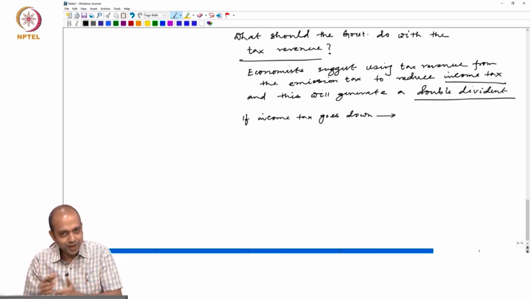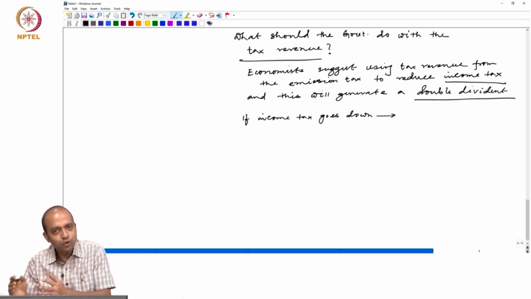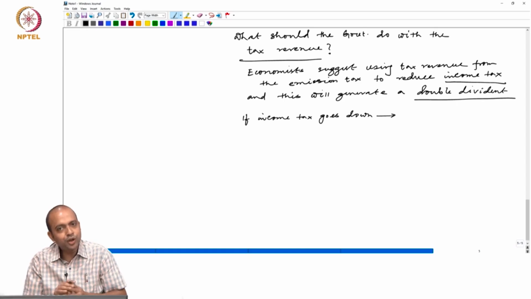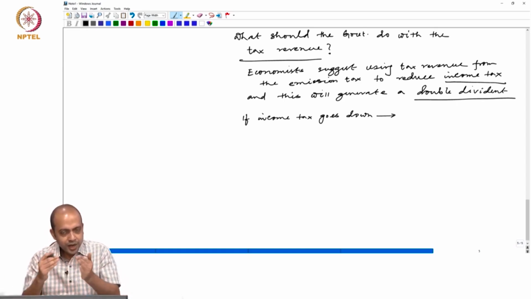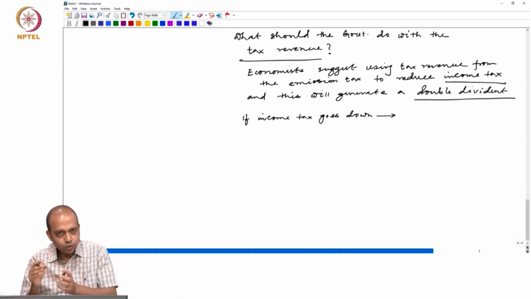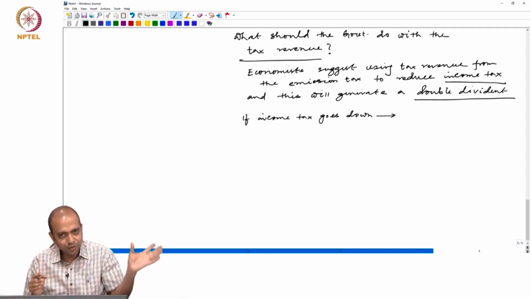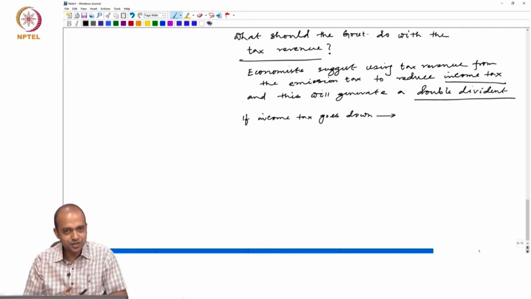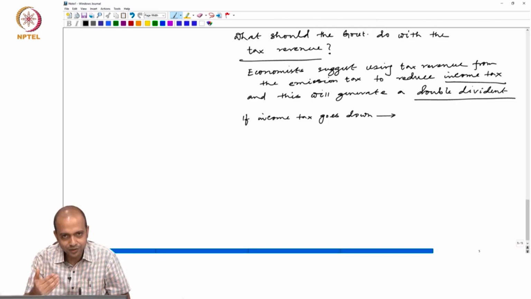When my income tax is less, I have an incentive to work more apart from my regular work. Suppose I am working here in IIT Madras, I have now an incentive to teach in IIM Bangalore or IIT Tirupati or some other organizations. If I see that income tax is less, I have an incentive to supply more labor.